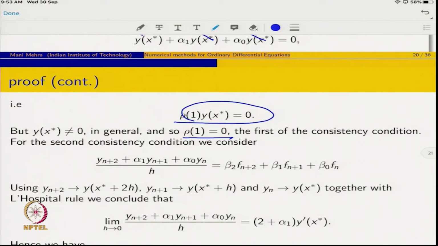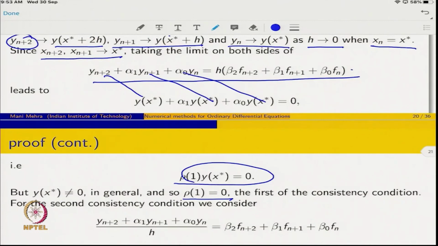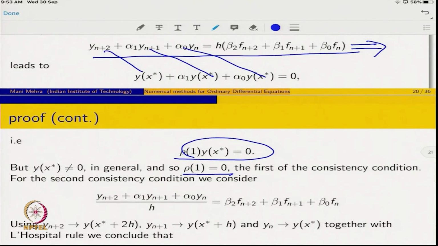For the second consistency condition, we rewrite the same difference equation in an alternative way. We divide by h. So, this becomes this.